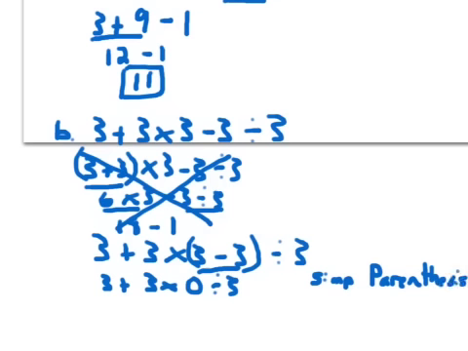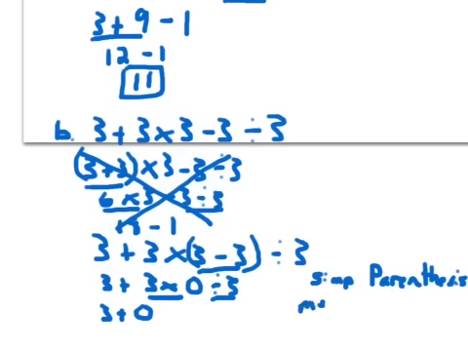Okay, that's what I did. So we're writing our steps, why we were able to do it. Well, we know the next thing that I would do is multiply and divide left to right. Okay, so I've got 3 plus 3 times 0 is 0, and 0 divided by 3 is 0. So that makes 0 right there. Notice I did the multiply and divide in one shot.